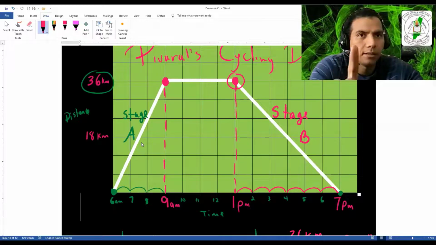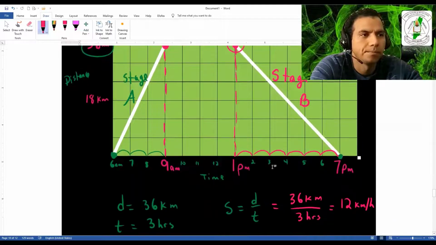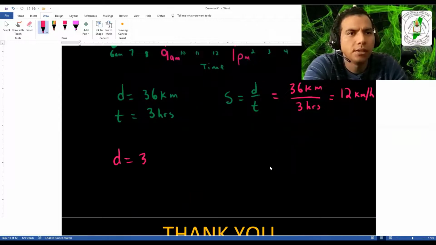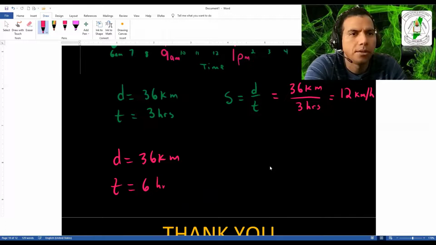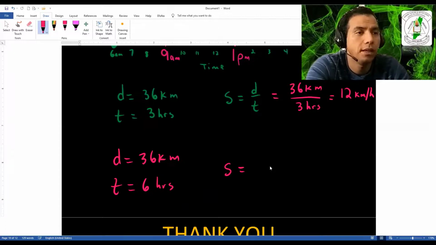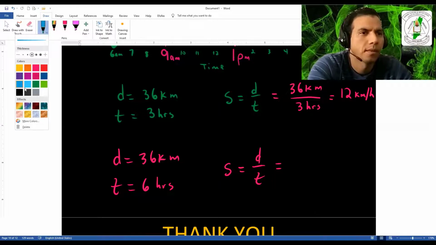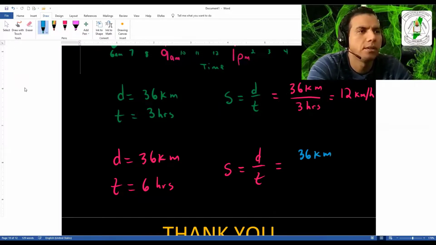So keep that in mind. 36 kilometers and 6 hours. So distance is 36 kilometers once again. The time is 6 hours in this case. So the speed at stage B, distance over time, 36 kilometers all over 6 hours. And that gives us none other than 6 kilometers per hour.